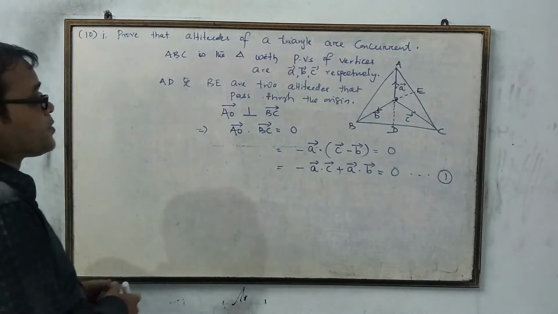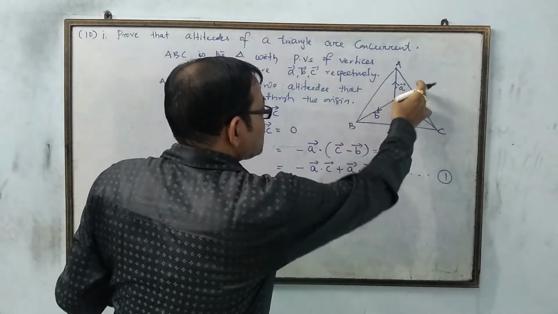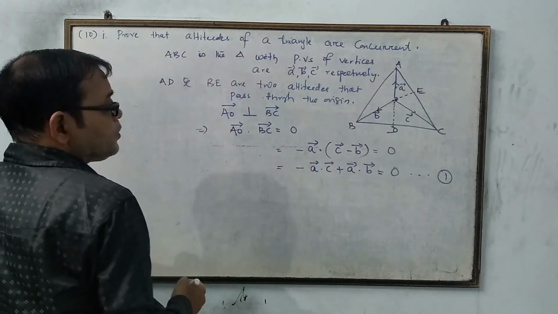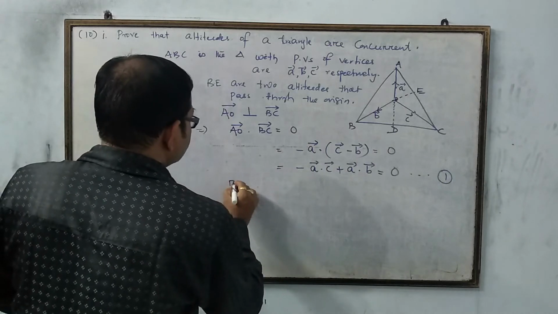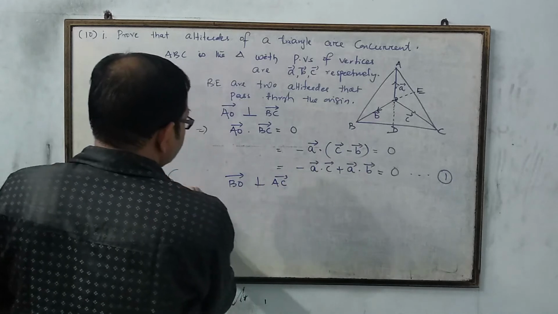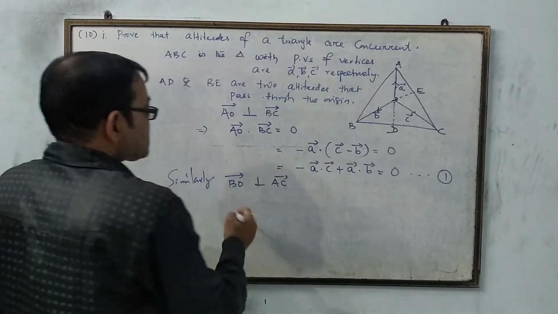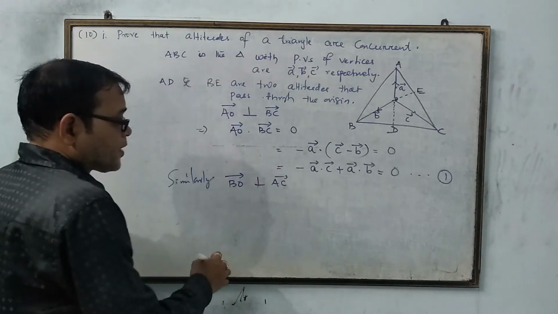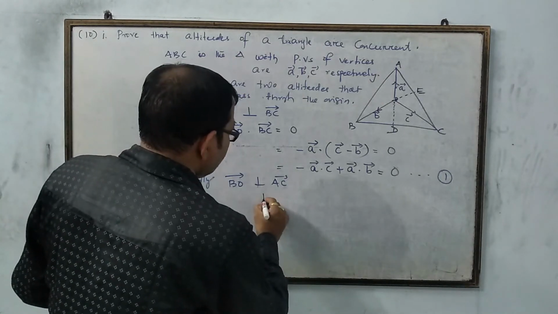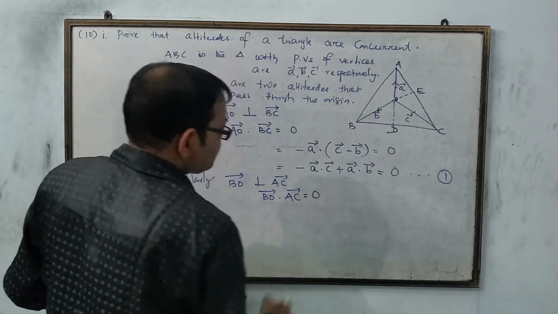Second condition is that BE is an altitude also. If BE is the altitude, then BO is perpendicular to AC. That means position vector of O minus position vector of B, so BO dot AC is equal to 0.